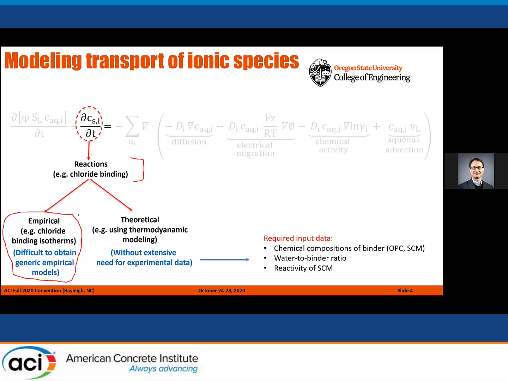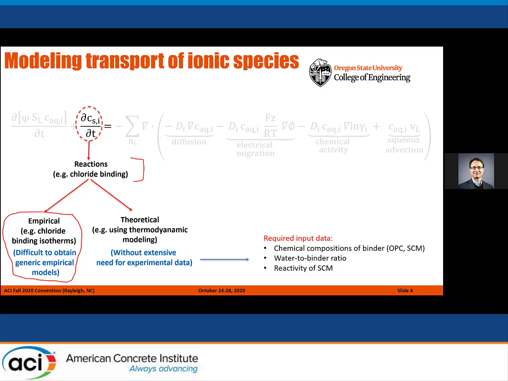You have to mix them with the right water to cementitious material ratio, cure them, and then expose them to chlorides. Over time, you have to do some chloride testing to see how much of that chloride is bound, and then you can draw these binding isotherms and use those to predict reactions.